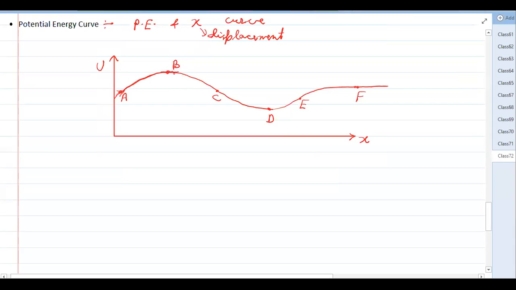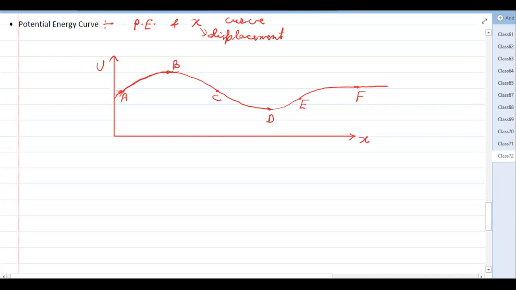Now if you are going down from the mountain top, you are having a decrease in potential energy.